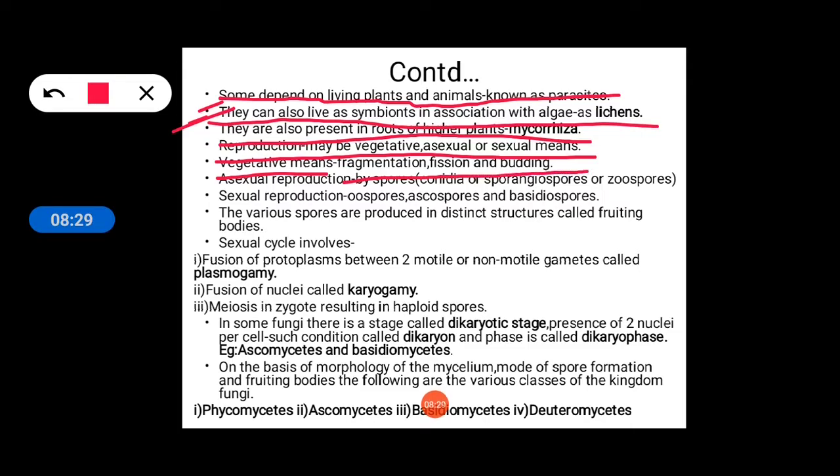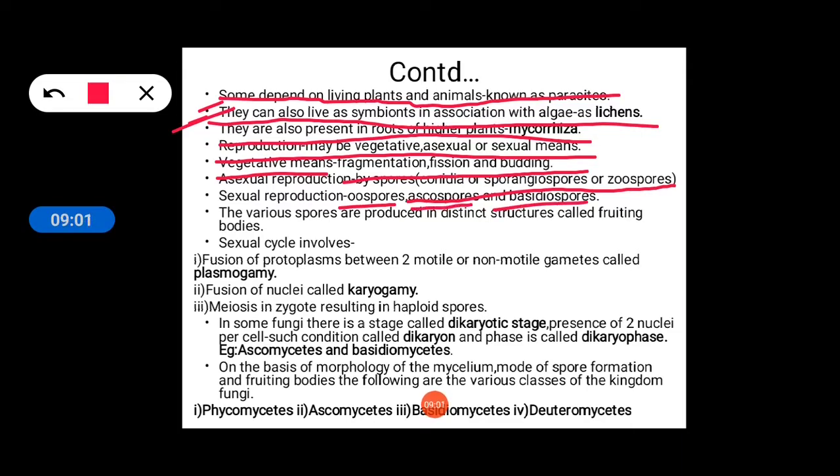Asexual reproduction occurs by the formation of spores, and these spores are known as conidia, sporangiospores or zoospores. And in sexual reproduction, three types of spores are formed: oospores, ascospores and basidiospores.